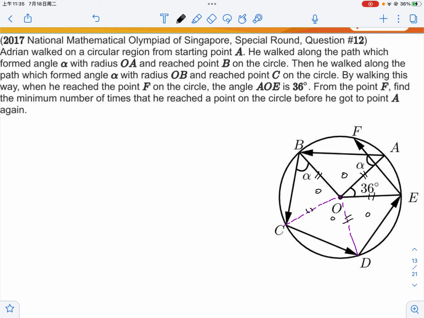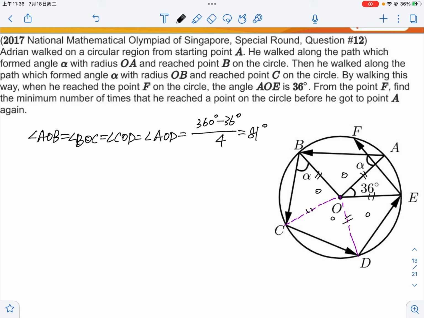Then you may find that angle AOB equals angle BOC equals angle COD equals angle AOD, which is 360 degrees minus 36 degrees and divided by 4, which is 81 degrees.